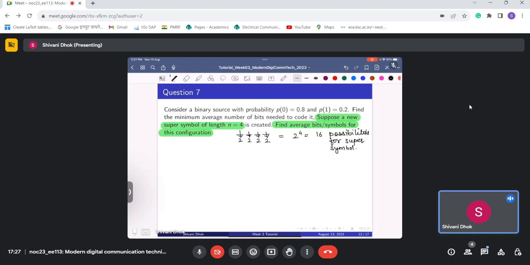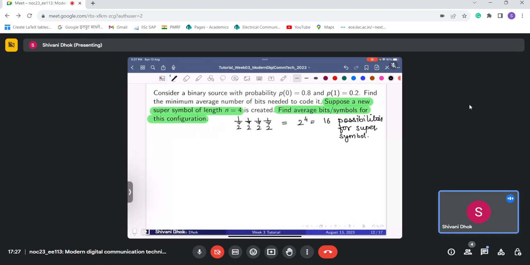Each of these places can take either 0 or 1, and that will be in total 16 possible values.